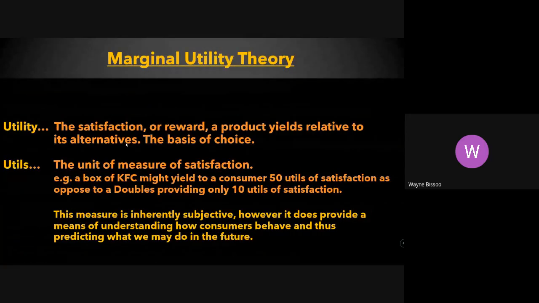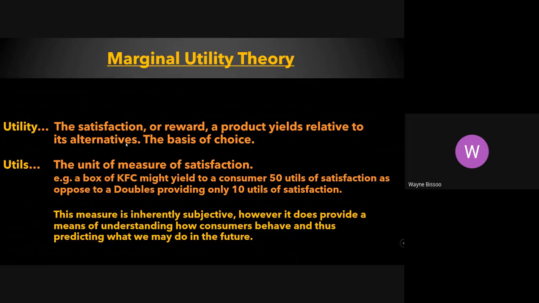So we're starting again with this concept of utility. Utility is the satisfaction or reward a product yields relative to its alternative, and therefore it becomes the basis of choice. It's one of the reasons why, as Prashant had said before, some people might choose to eat doubles for breakfast as opposed to some people who might want a pie.